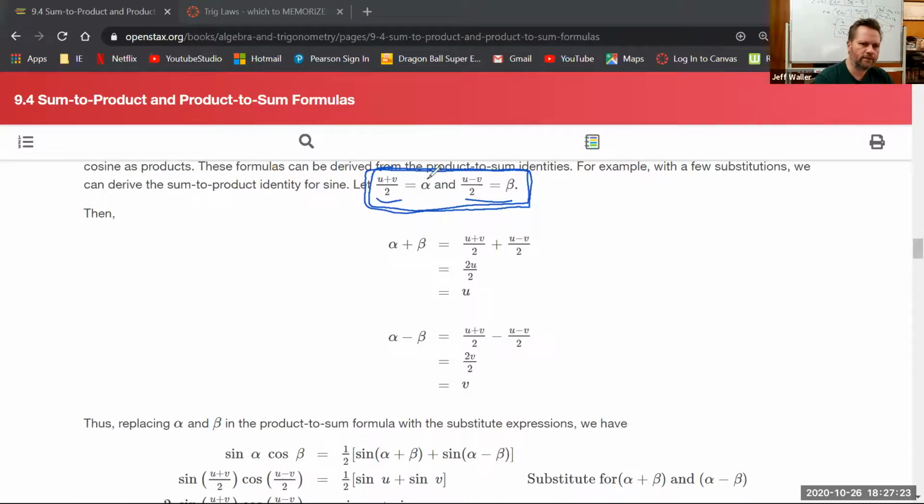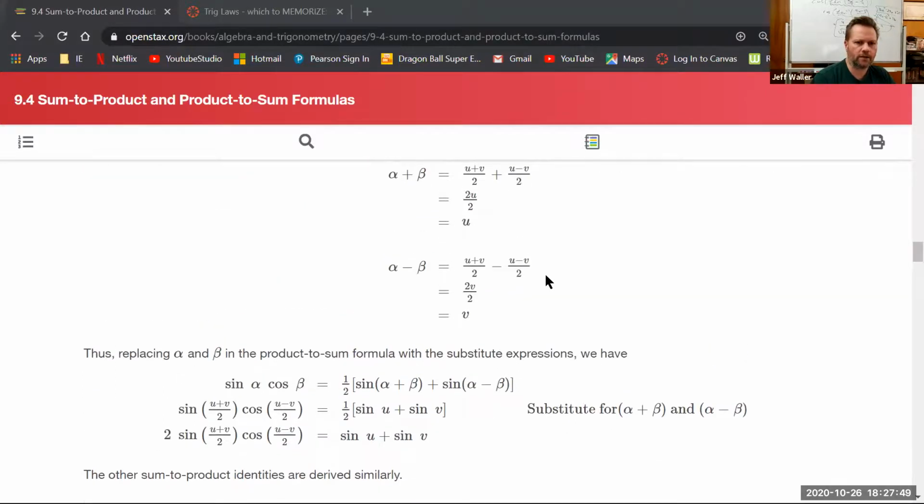But if I define alpha to be u plus v divided by 2 and beta to be u minus v divided by 2, then you can see what alpha plus beta becomes, and you can see what alpha minus beta becomes. Now, is that something you would come up with on your own? Probably not. And in fact, you currently don't even see the importance of that. I don't blame you because I haven't gotten to it yet.